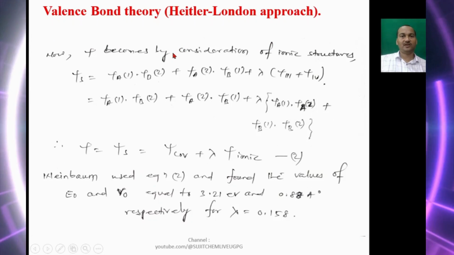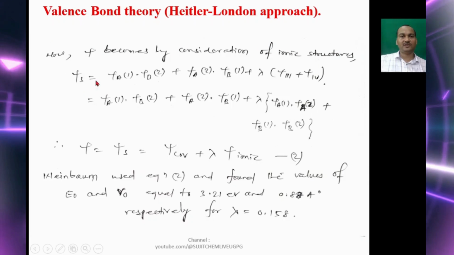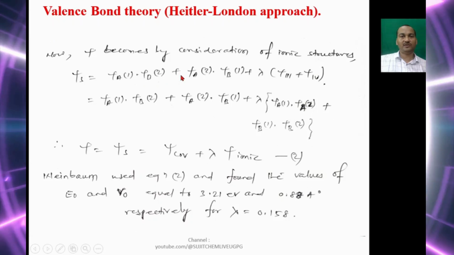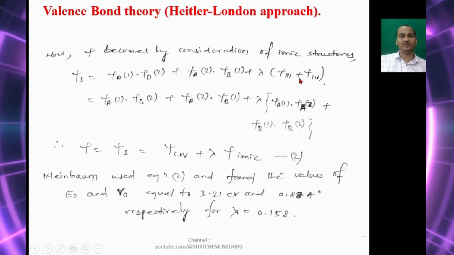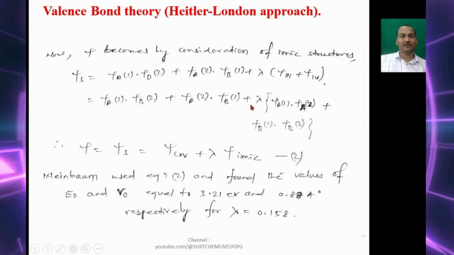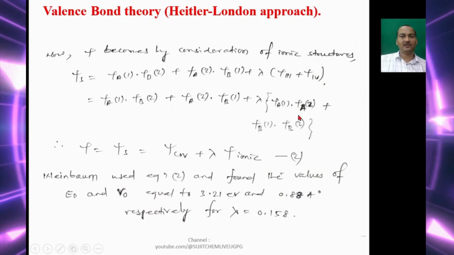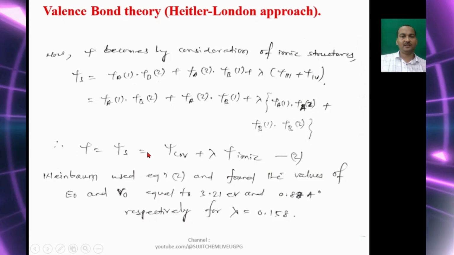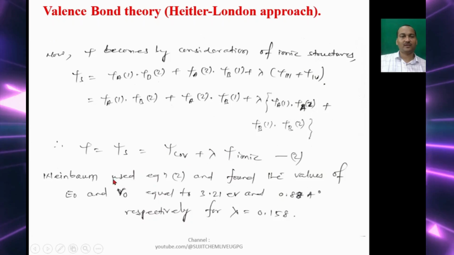Now, by consideration of the ionic structures, psi S becomes psi A1 into psi B2 plus psi A2 into psi B1 plus lambda times psi 3 plus psi 4. We can put in the values of psi 3 and psi 4 here. So psi equals psi S, that is psi covalent plus lambda times psi ionic.